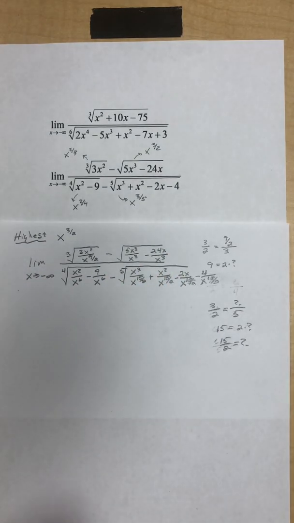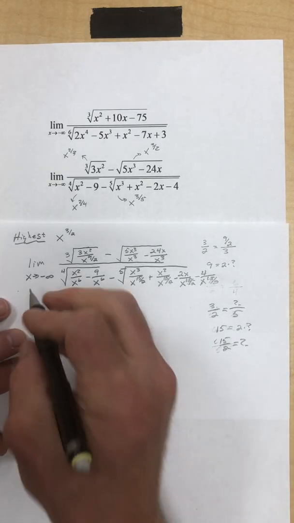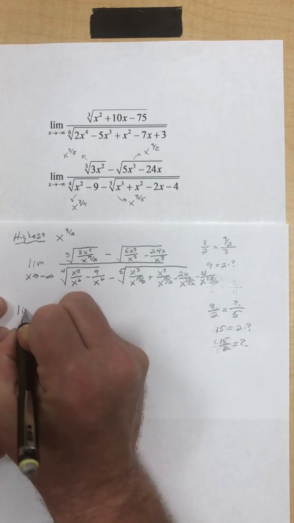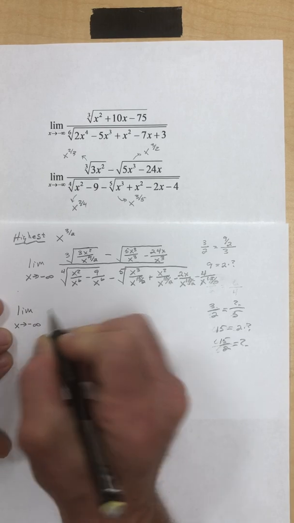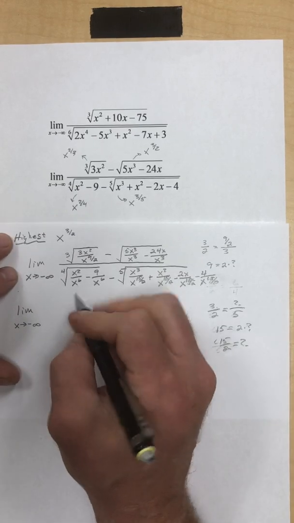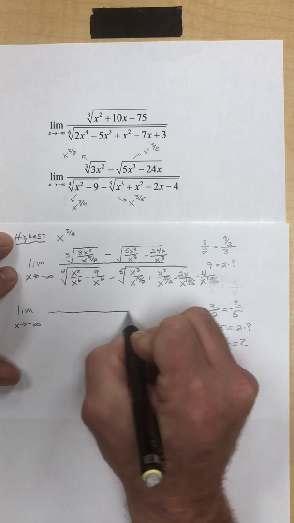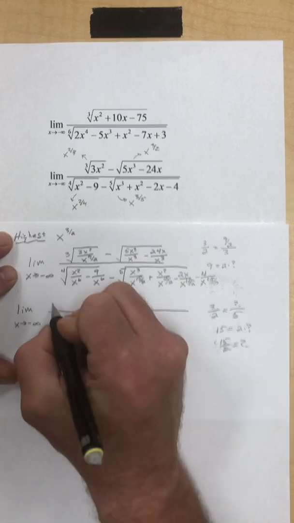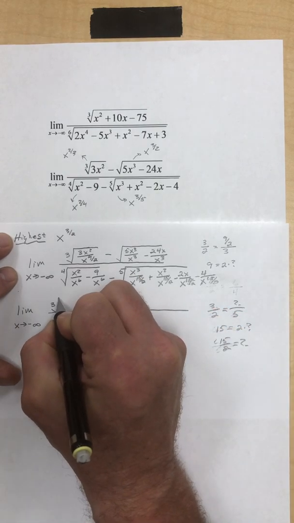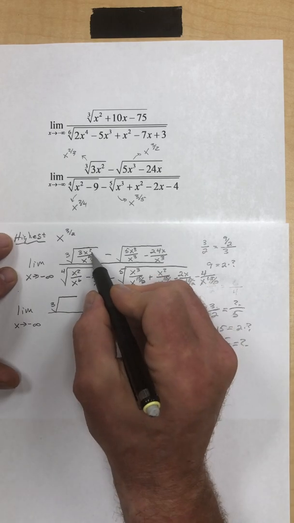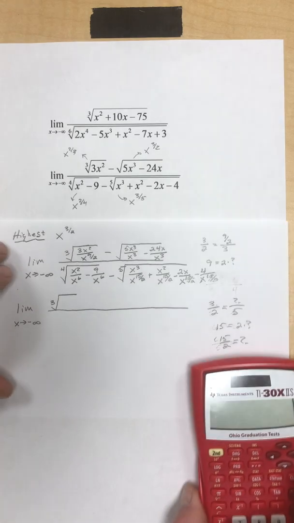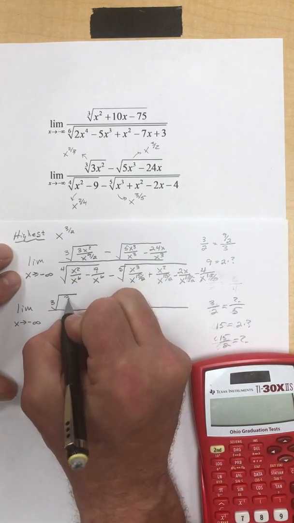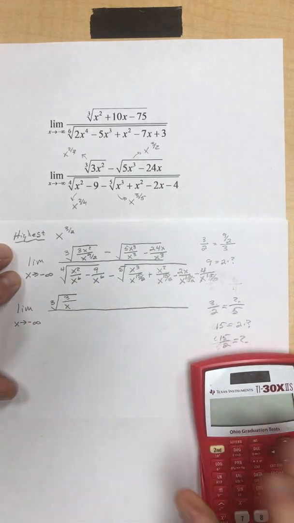So let's see what happens here. I've got the limit as x goes to negative infinity. Up above, I've got the cubed root of x squared over x to the 9 halves. I know 9 halves is greater than 2, so I'm going to get 3 over x to some power.